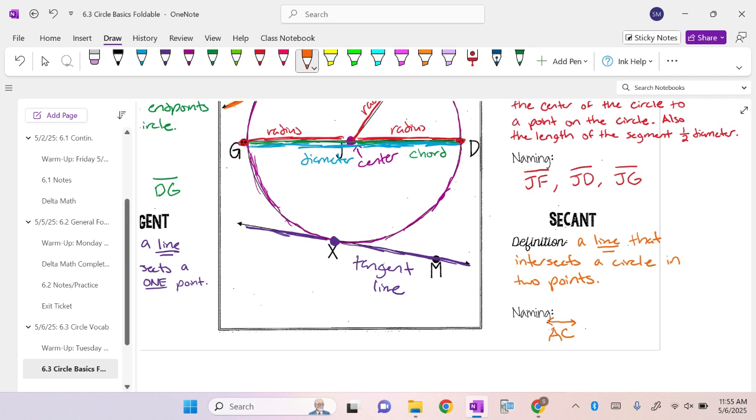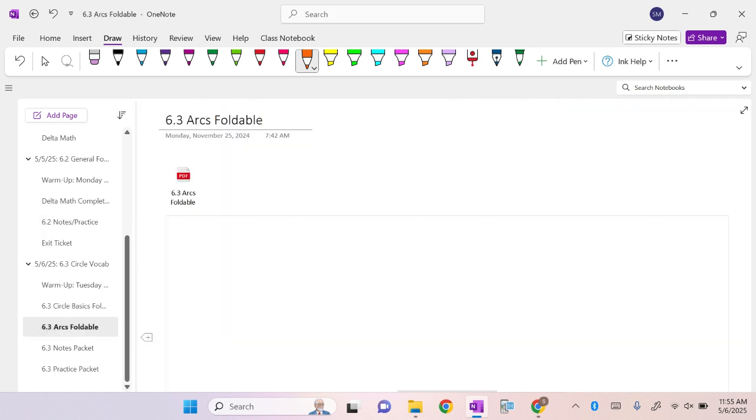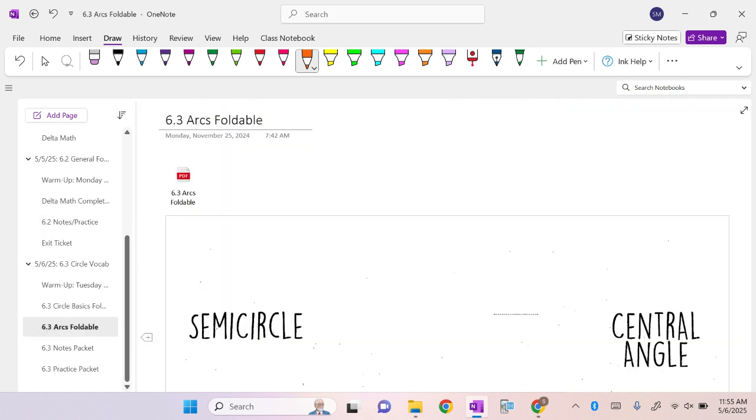let's take out the other journal entry. So this one deals with arcs. That first basics was just to try and get you guys to start thinking about all the different segments. And the reason is that now we're going to be looking at some arcs and how we can figure out measurements of arcs.